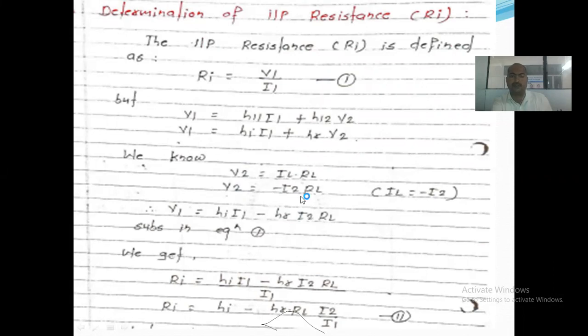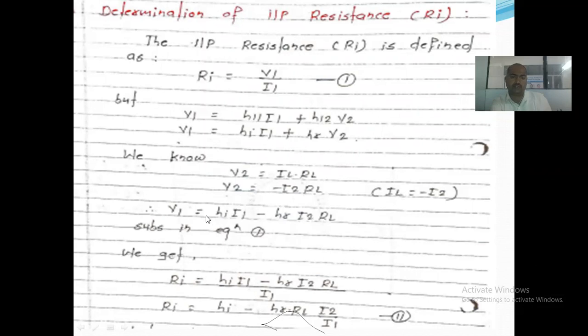V2 value. We know that V1, for the purpose of your V1, is equal to Hi into I1. Now, V2 value is negative. That's why whatever the value of V2 is indicated as minus I2 RL. So minus I2 into RL into Hr. This into Hr.